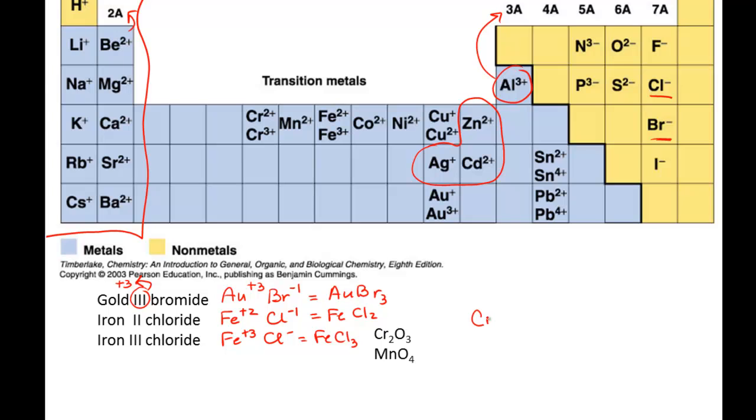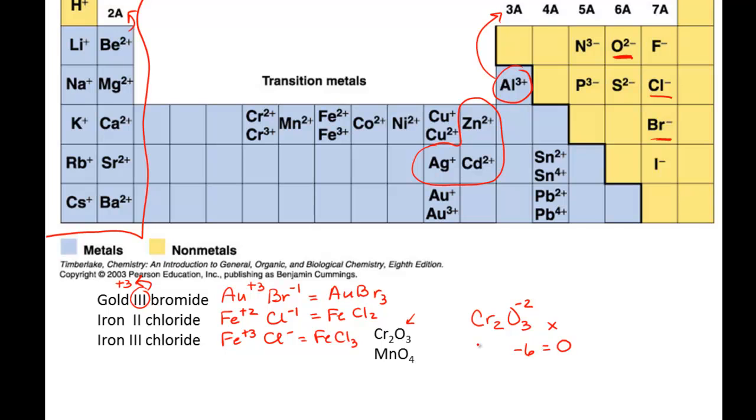For example, if I have chromium 2 and then 3 oxide ions, I know that oxygen is -2 because it's in group 6. So if I multiply the number of oxygens times the charge, I have 6 negative charges. Well, this is a neutral compound, there's no charge in that when we started.